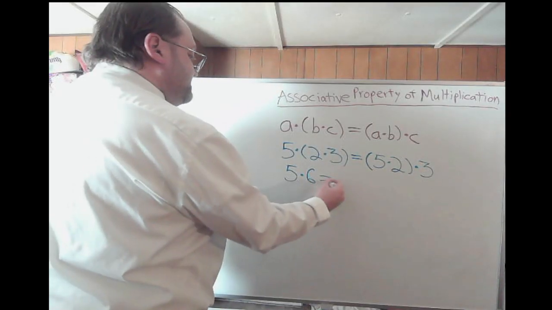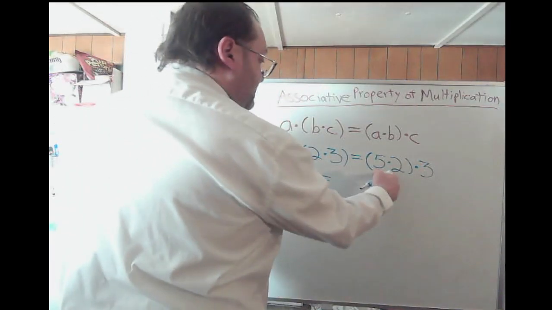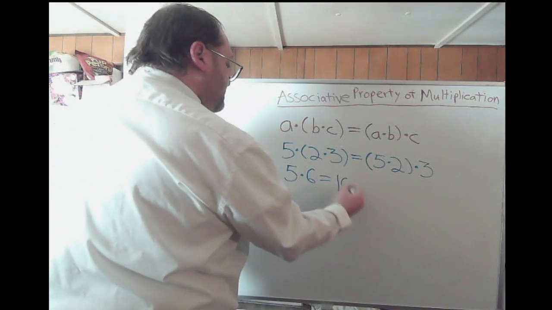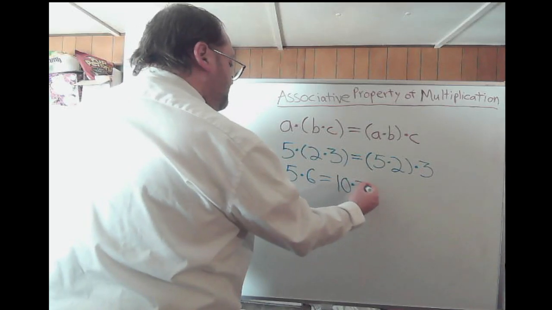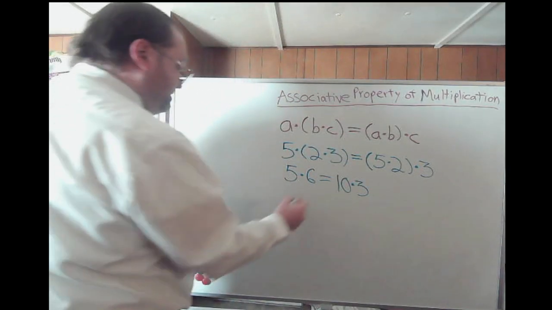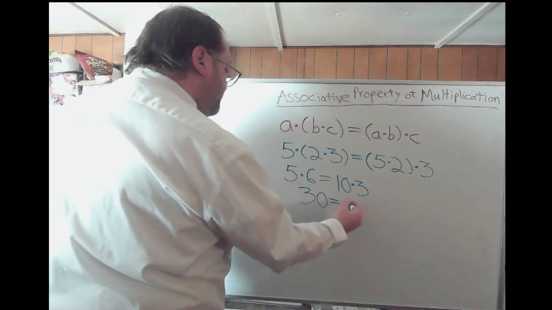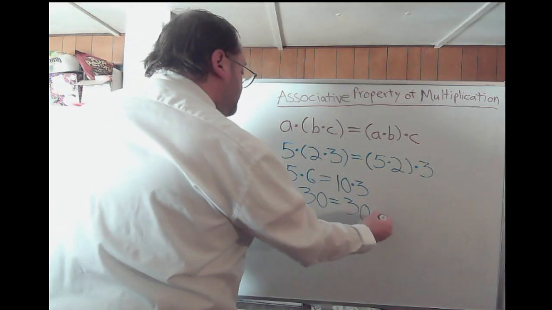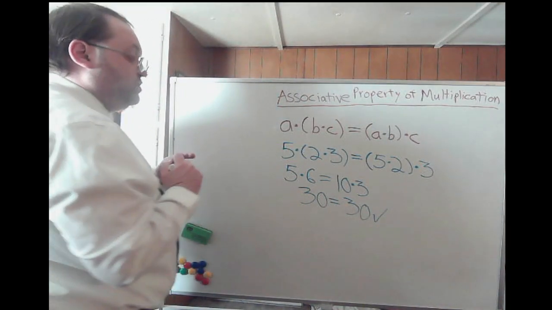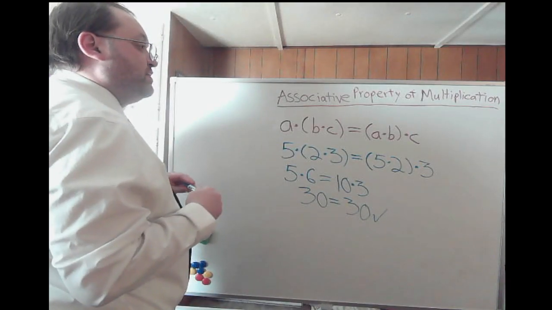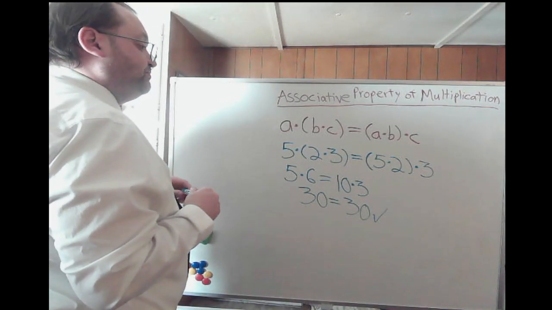Well, 5 times 6, set that equal to what is 5 times 2? That's 10 times 3. Well, what's 5 times 6? That's 30. What is 10 times 3? It's also 30. We have a true statement here, so therefore the associative property holds with multiplication.